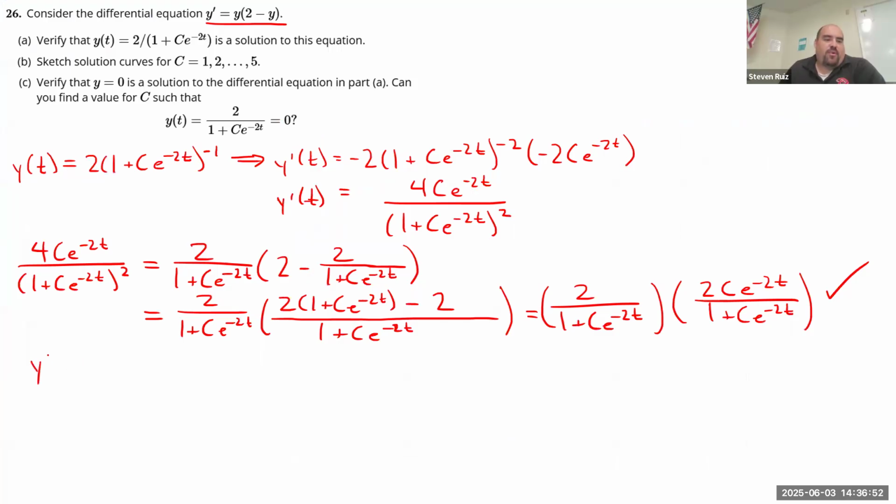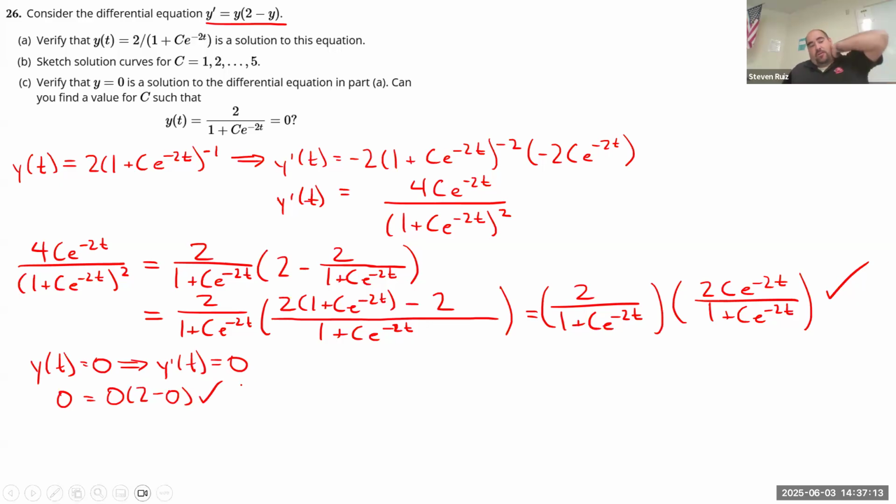If y of t equals 0, that means y prime of t equals 0. So yes, if I plug those things into my equation, I get 0 equals 0 times 2 minus 0. Yes, that checks out. So y equals 0 is a solution to this differential equation.